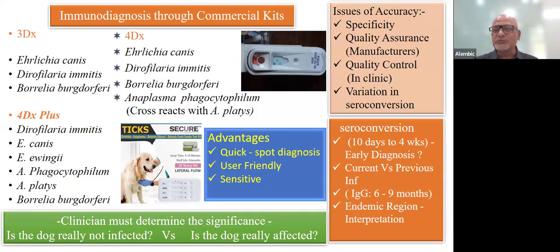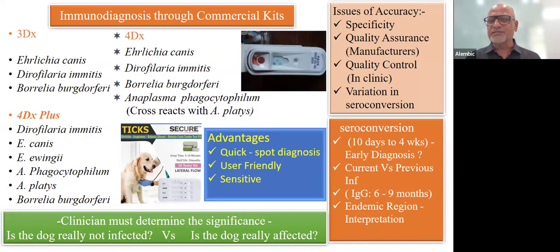So in such cases, nowadays, as you all know, there are kits available in the market. Those are immunodiagnostic kits by different companies. Now IDEXX is there, then Secure is there, and so many other companies. And then you have 3DX, 4DX, 4DX Plus, depending upon the panel of organisms included in that particular kit. So here, it is really a good method in certain situations where a spot diagnosis is possible.